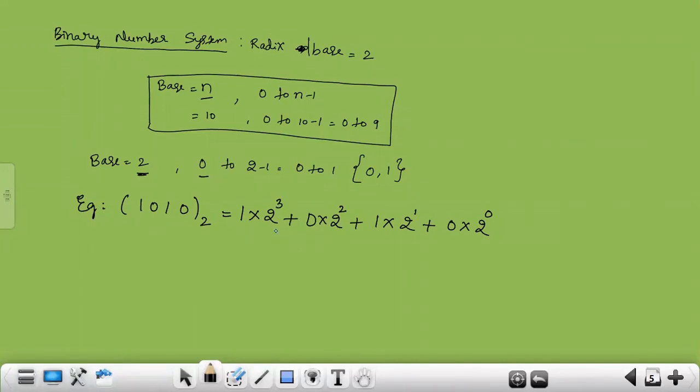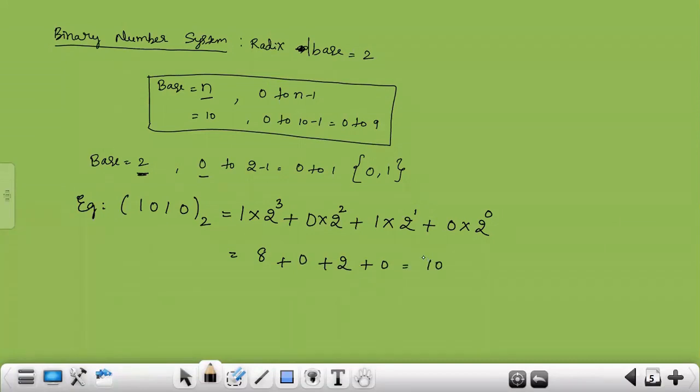What is the value of 2 cube? 2 cube means 2 to the 4, 4 to the 8. So it is 8 plus 0 multiplied by anything is 0, plus 1 into 2 power 1 is 2, plus 0 into 2 power 0 is 0. So I am getting the value as 10 here.